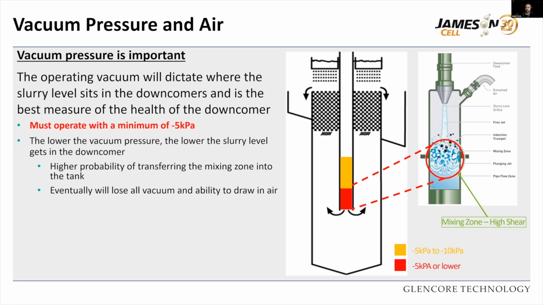Anywhere probably between -5 to -10 kPa is more so what we'd call a bit of a danger zone, or a zone where you would want to be monitoring closely visually in the cell.